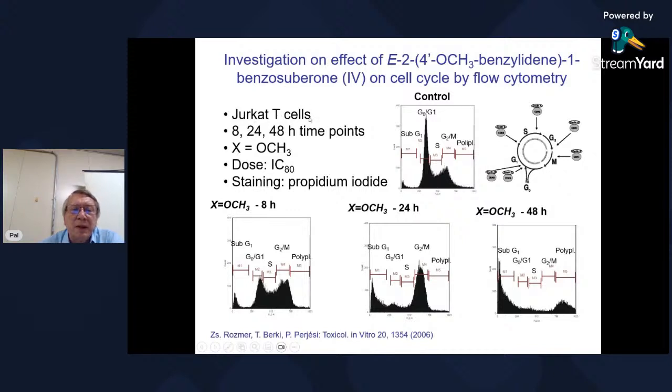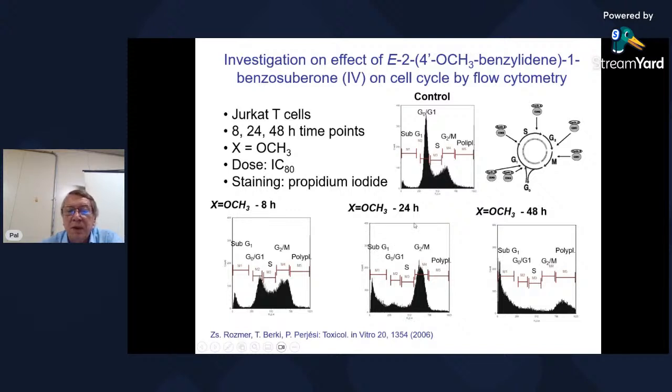The Jurkat T cells were treated with the selected benzosuberone derivative with methoxy substitution, at the IC80 dose of the compounds. And we analyzed the distribution of the cells between the different cell cycle phases, as shown before.